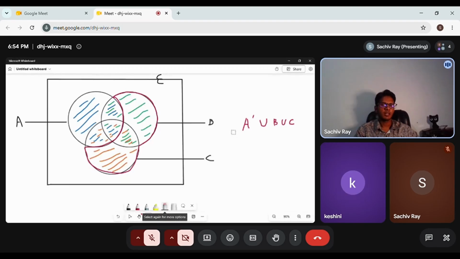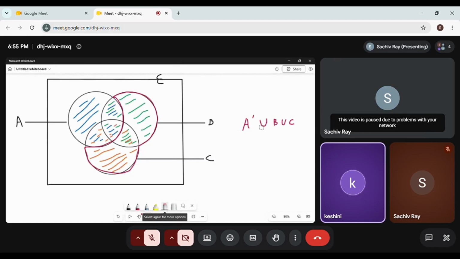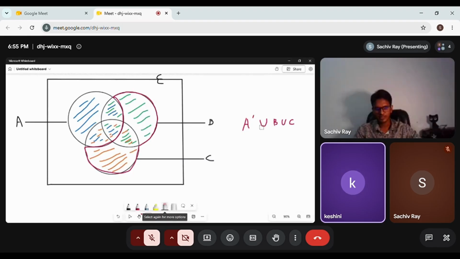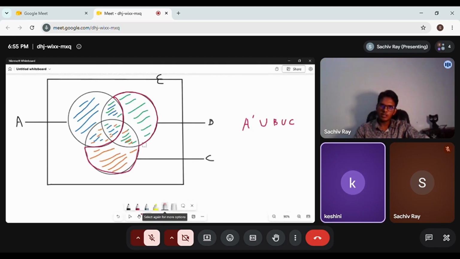Now, A complement, that is for sure. A has not been touched at all, so it's without A. When we say without A and union, that means the outer parts as well.